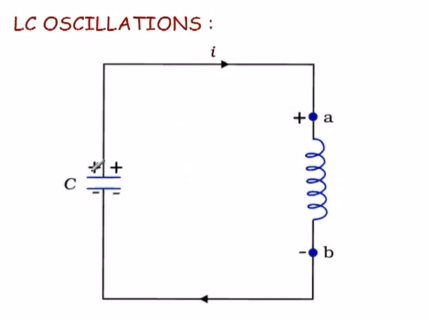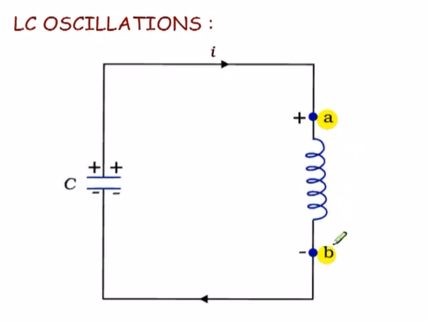At t equal to 0, the capacitor starts to discharge itself, and this flows as current through the inductor, as shown here. As you can see, the current through the inductor is from top to bottom. That's why A is marked as plus and B is marked as minus, from top to bottom.